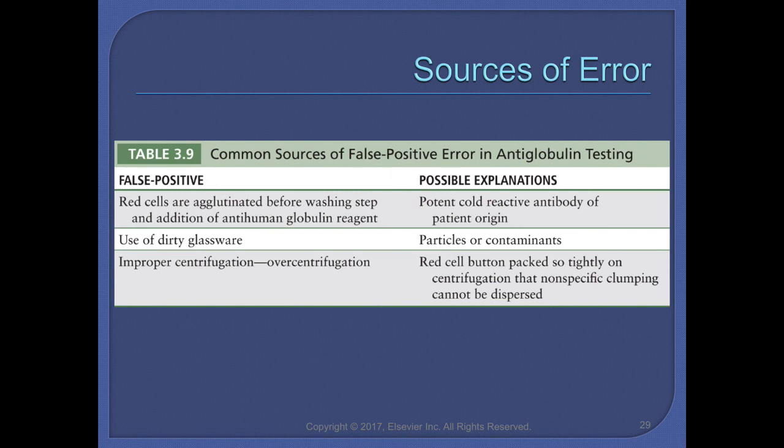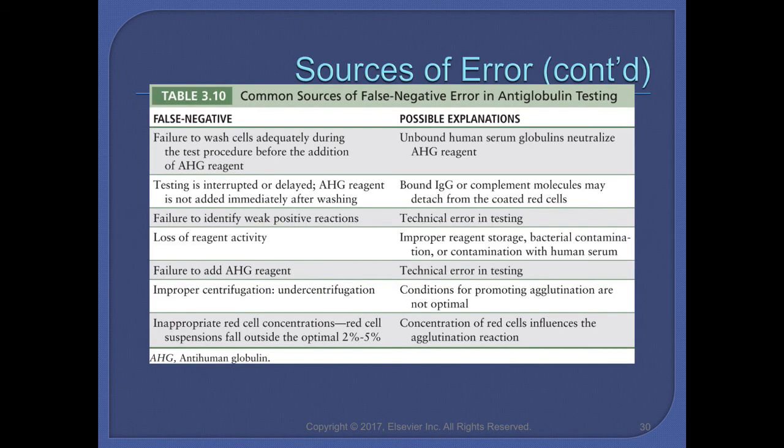And before we add the AHG reagent, if you're doing tube testing, make sure that the tubes are clean, not dirty, and that your times and speeds in the centrifuge are set correctly, so that we don't have any problems with the red cell button in the tubes. And here are some sources of false negative reactions and the possible explanations when it comes to doing the AHG testing.